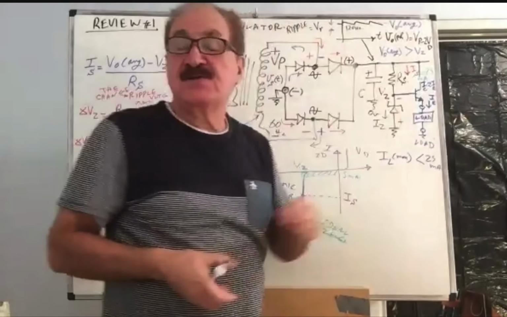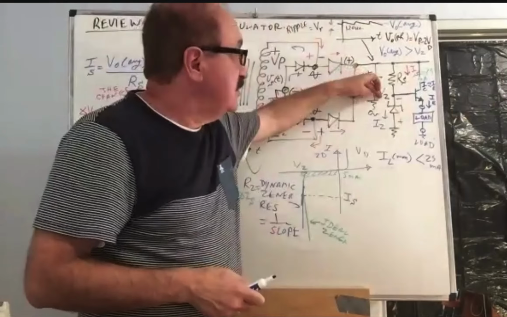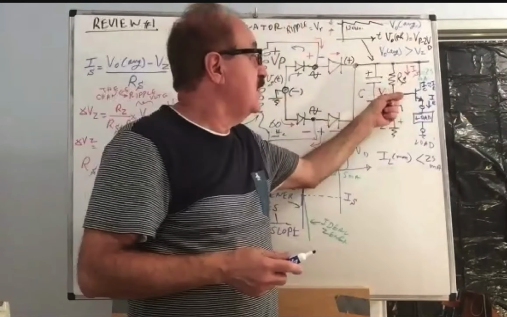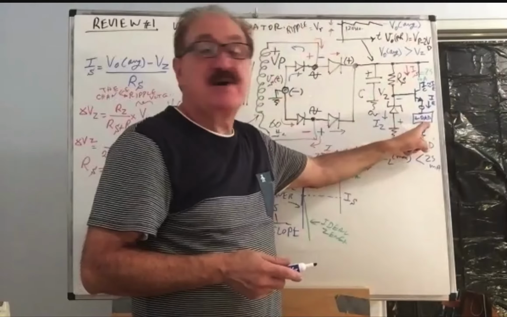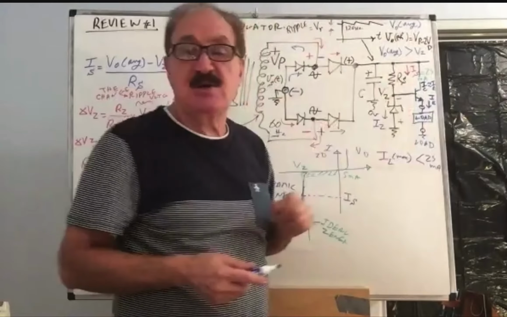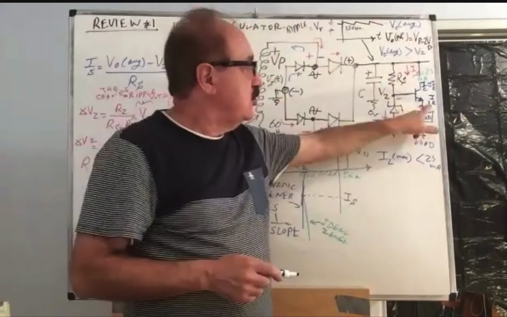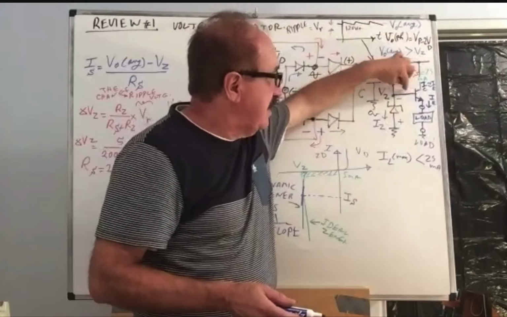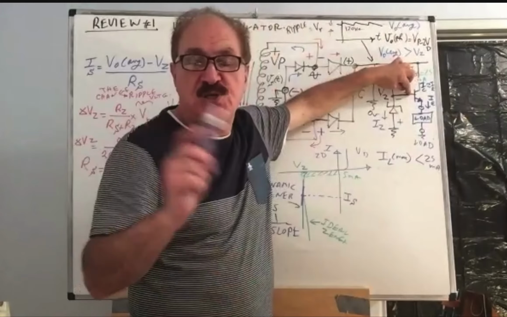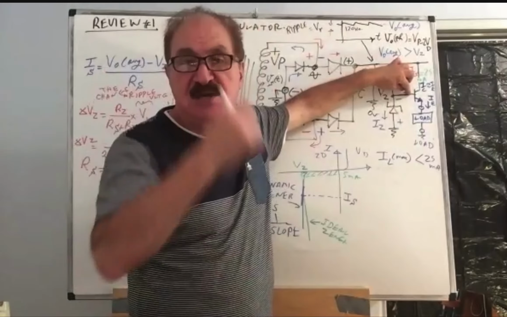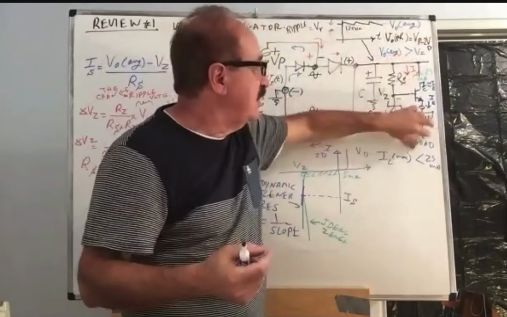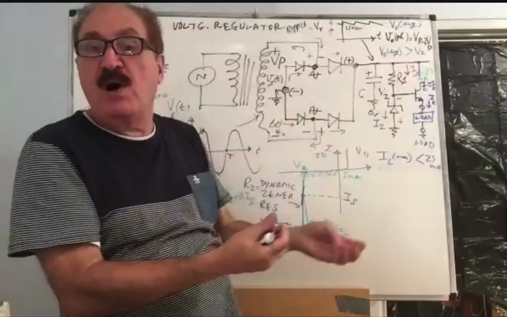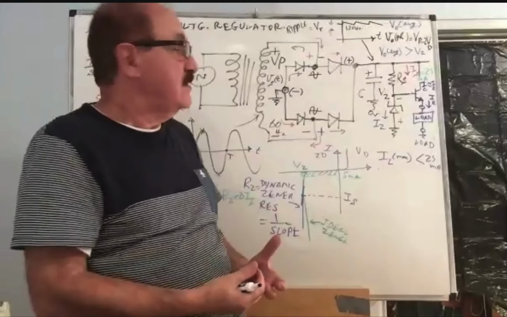But the thing is, will the Zener voltage change too much as a result of load current changing? The answer is no, because your load current does not reflect to that node, which it did with the single Zener diode. You remember we connected the load directly to the Zener? Well, we were taking 20 milliamps off of the Zener diode.